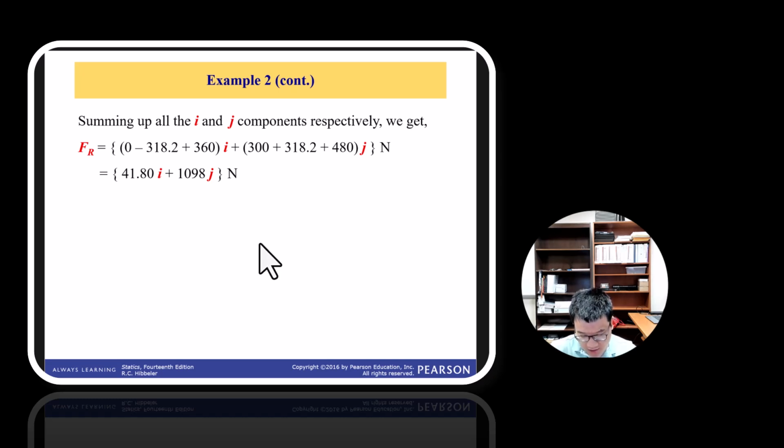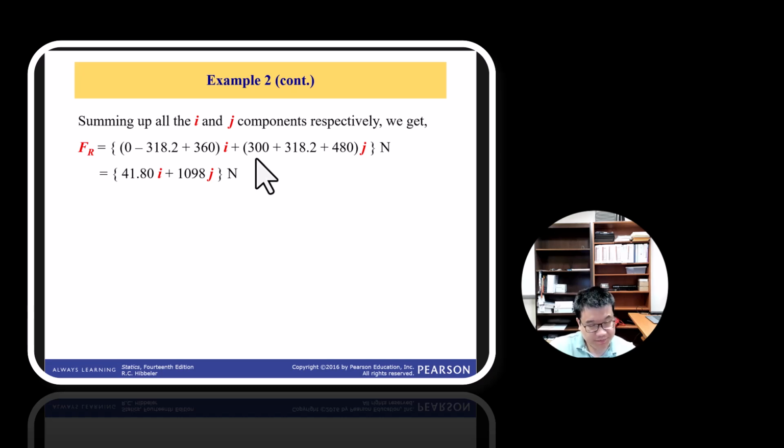So the addition in the x direction will be 0 minus 318.2, which is the component of F2, plus 360, which is the x component from F3. Using a calculator, the resultant on the x direction will be 41.8.